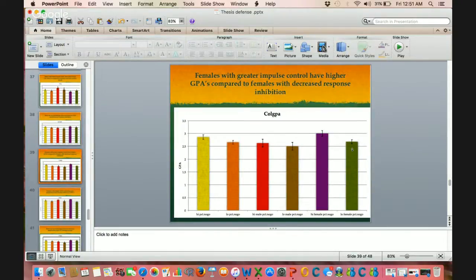But interestingly, we found that the females who displayed greater impulse control had higher GPAs compared to the females with decreased response inhibition.